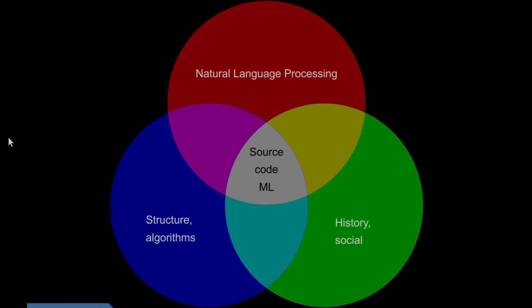And the third is more of a humanitarian style. It's history, it's all social features, it's contributions, it's how people interact. And if you take all of this into the same spot, you will get source code machine learning.